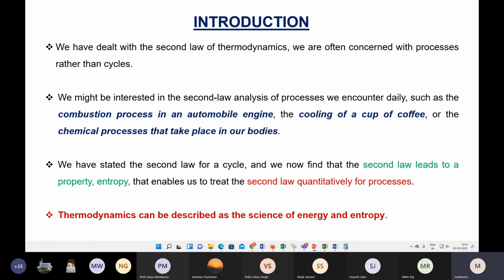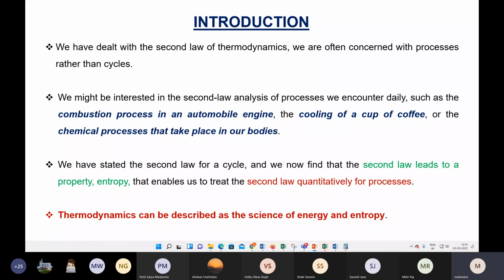For all the cycles and all the processes, we can apply this concept of entropy. We are saying it is a property. Just now I mentioned that it is a property. Then why is it a property? Those we are going to see.